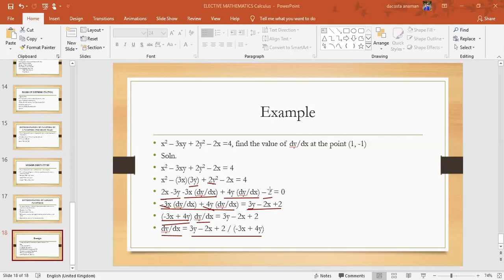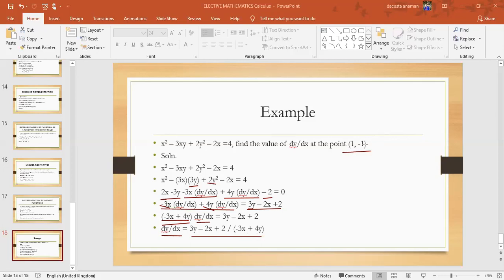Now the question said that you should find the value of dy/dx at the point (1, -1). So as you can see, the first one is the x value, the second one is the y value. So you substitute this into the equation here, which is 3y minus 2x plus 2 all over minus 3x plus 4y.